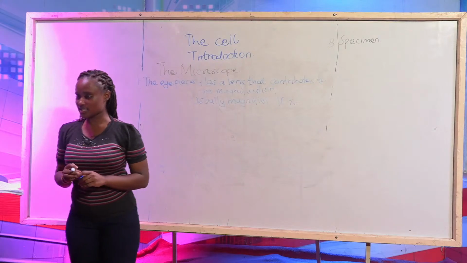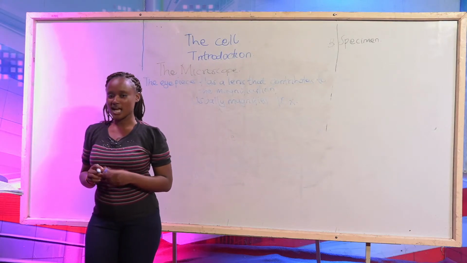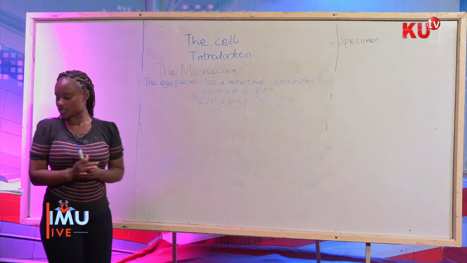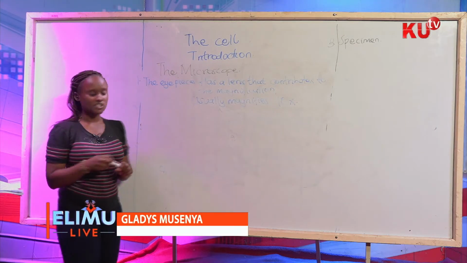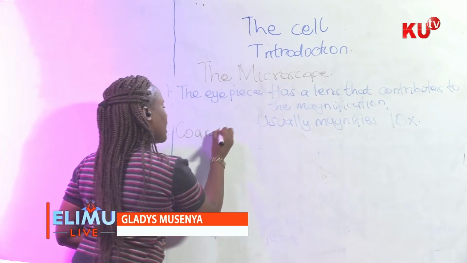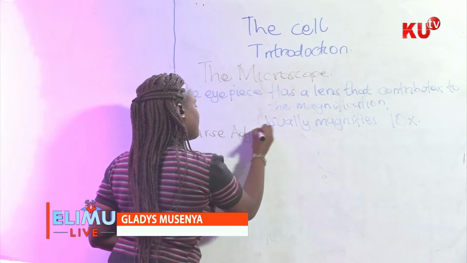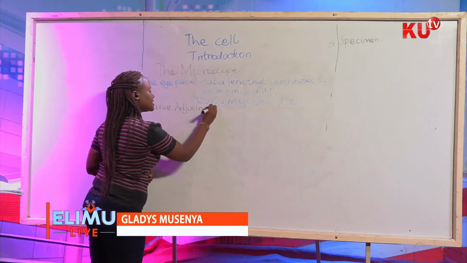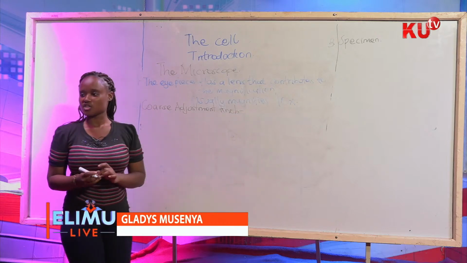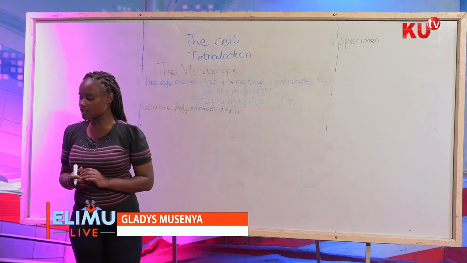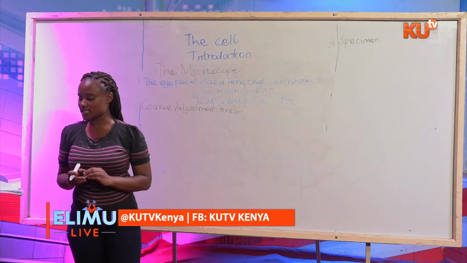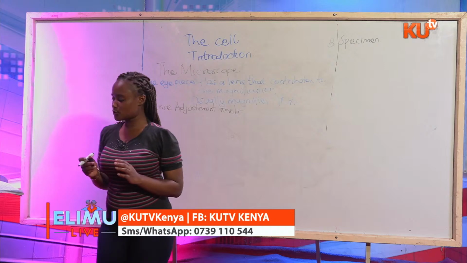Now we go to the second one, that is the coarse adjustment knob. It moves the body tube up and down for long distances, bringing it into focus.